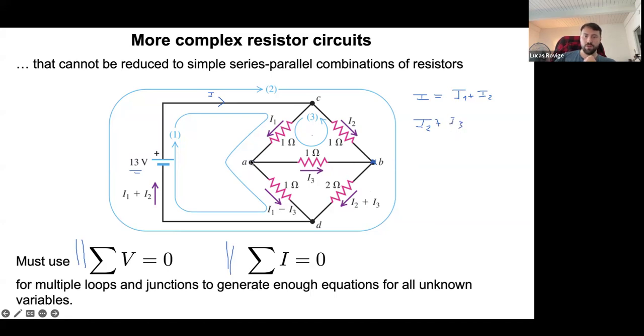And here, if we use Kirchhoff's law, we see that I1 is going to be equal to I3 plus this current here. So this current is equal to I1 minus I3.